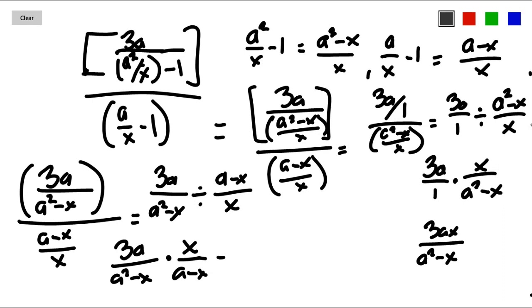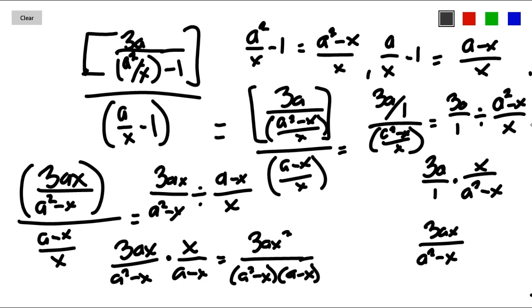And then I end up getting 3ax squared on the top, divided by a squared minus x times a minus x. If you want to, you can factor the a squared minus x as conjugates, and I think I'm going to do that just so it's fully factored.